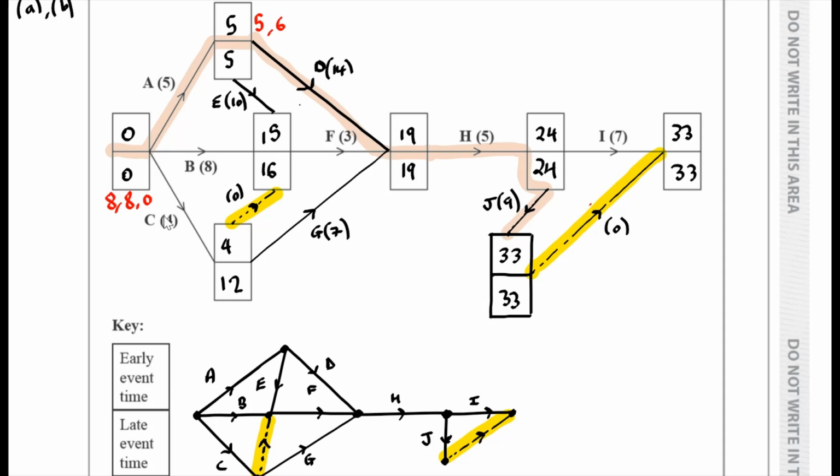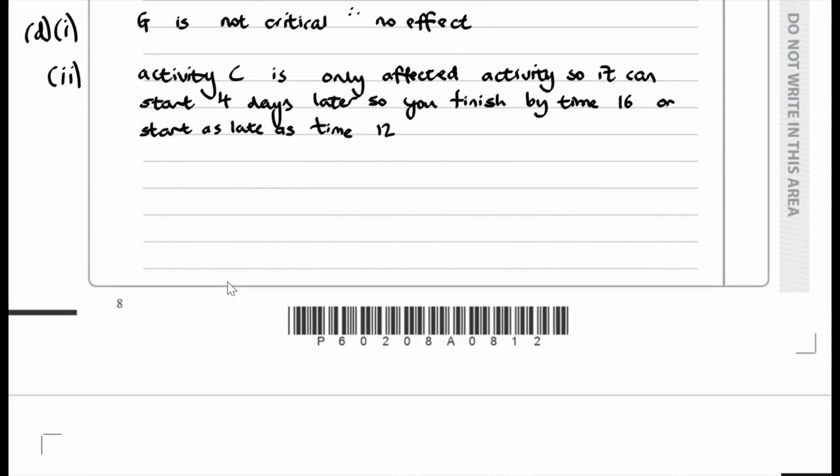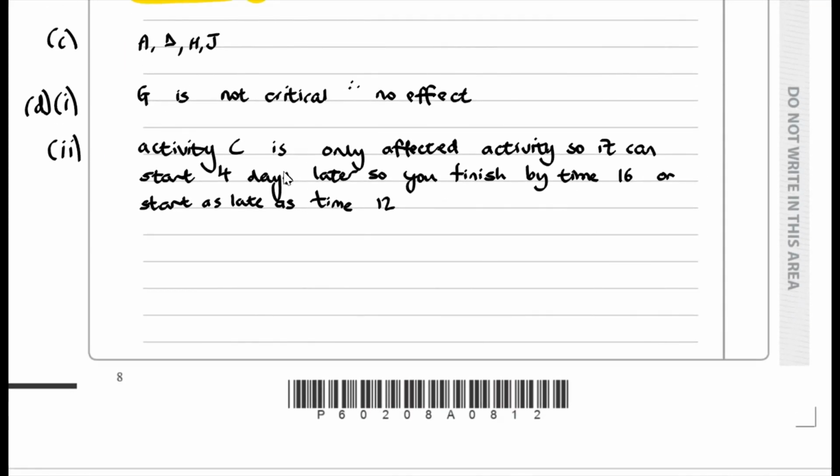It takes 4 to complete, and of course here we'd have a dummy if G is no longer required, because we can't have C going straight to here. So we can start late at time 12. So that's the reason we've got over here.